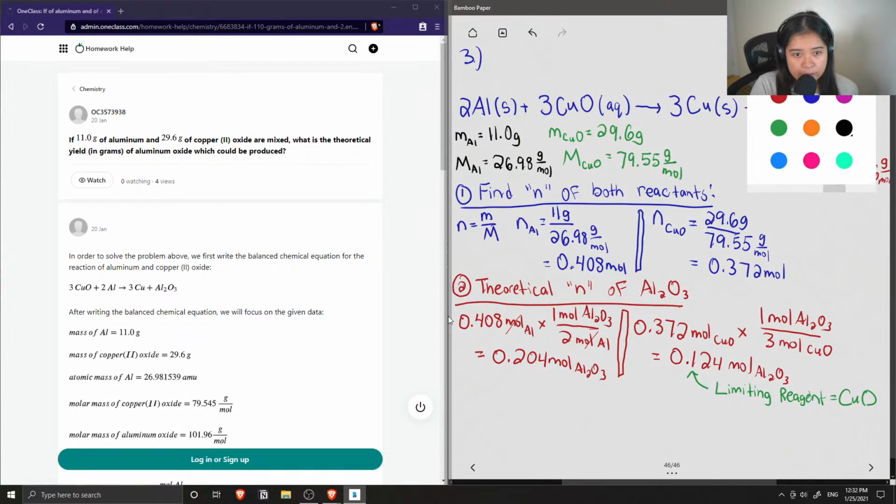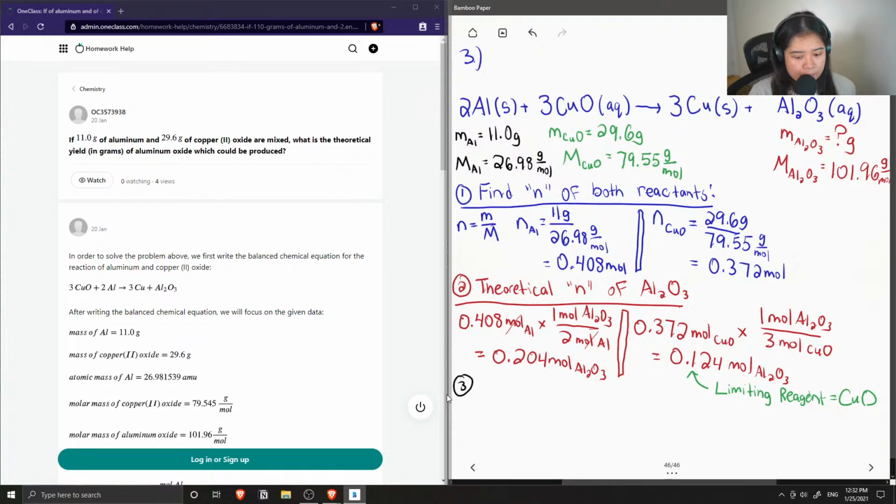So now step 3 is to now find the mass. So for this part, we use the equation mass is equal to number of moles times the molar mass. So we know the number of moles is going to be equal to the 0.124. And we found that out from the previous step.